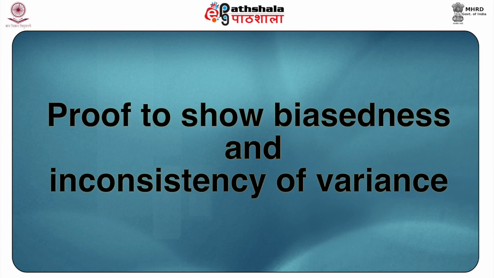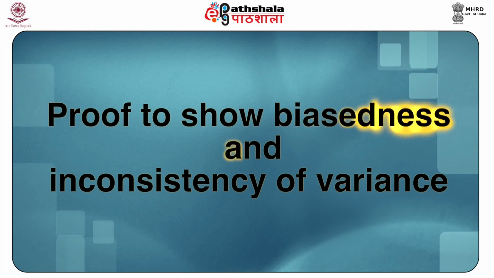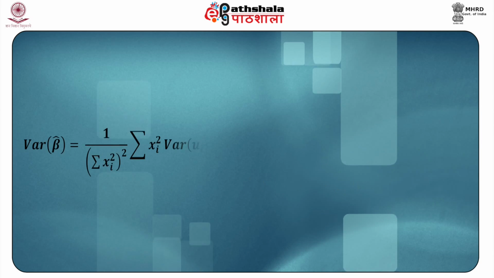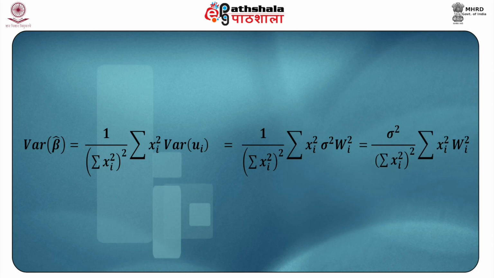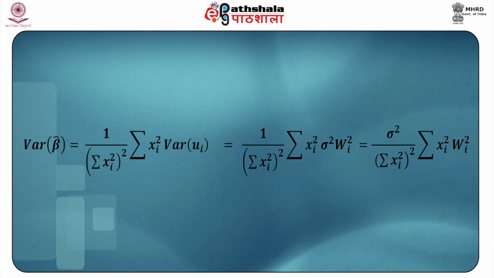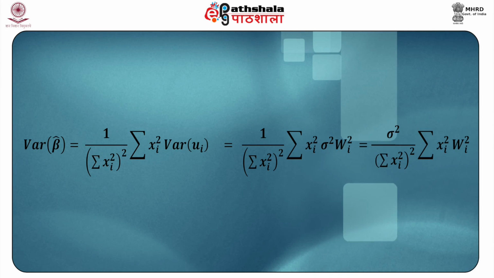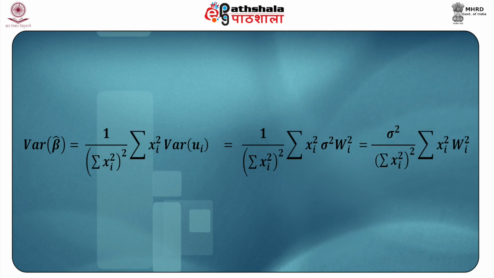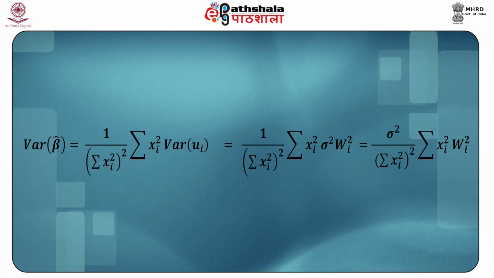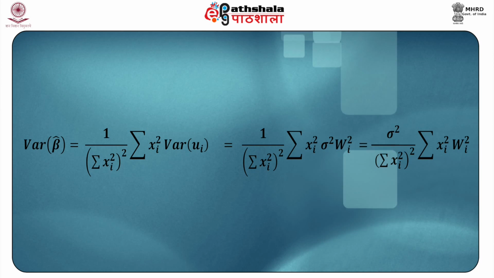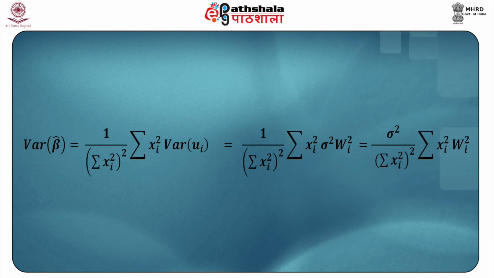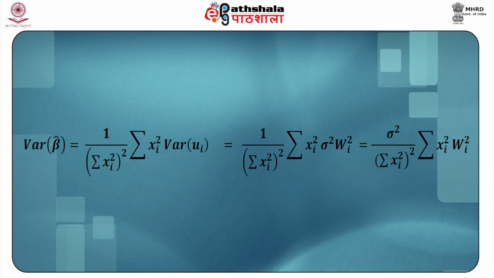Let us now discuss the proof to show biasedness and inconsistency of the variance of beta hat. From equation 14, we can write the variance of beta hat as 1 upon sigma xi square whole square into sigma xi square into variance of mu i, which is equal to 1 upon sigma xi square whole square into sigma xi square sigma square wi square.